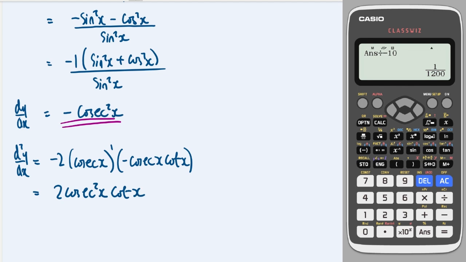Okay, so now we're going to have to use the identity. We knew that from the start y was equal to cot x. So y squared is equal to cot squared x. And our identity for cot is 1 + cot squared x = cosec squared x.